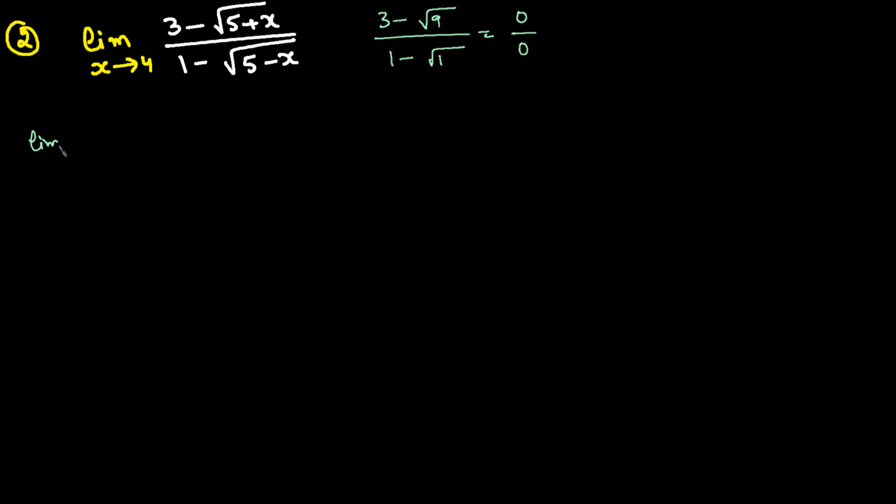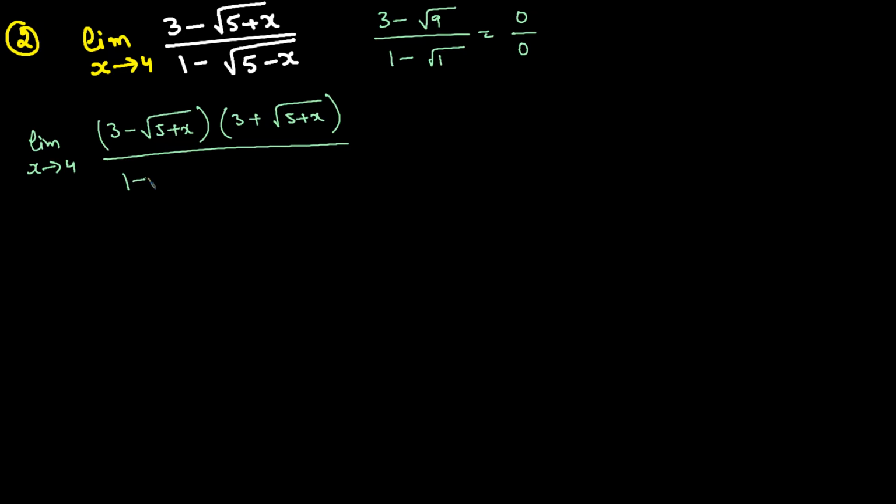So limit of x approaches 4. I'm going to write my numerator 3 minus root of 5 plus x, and I'm going to multiply it by the conjugate, 3 plus root of 5 plus x. Then in the denominator, 1 minus root of 5 minus x, I'm going to multiply by 1 plus root of 5 minus x.